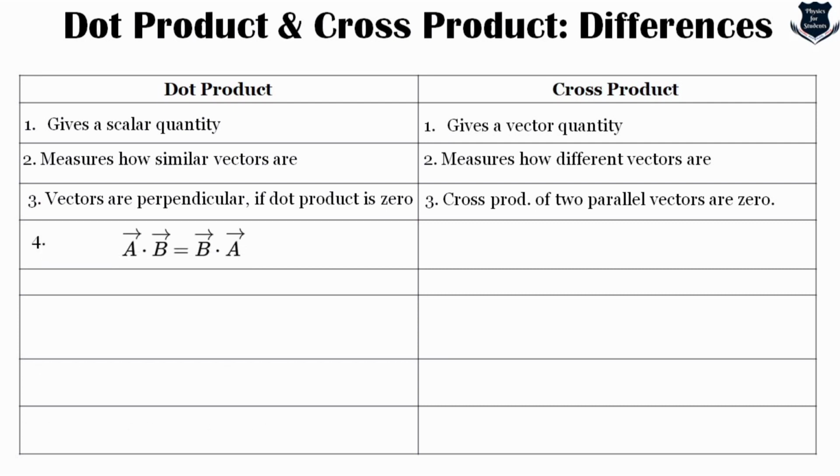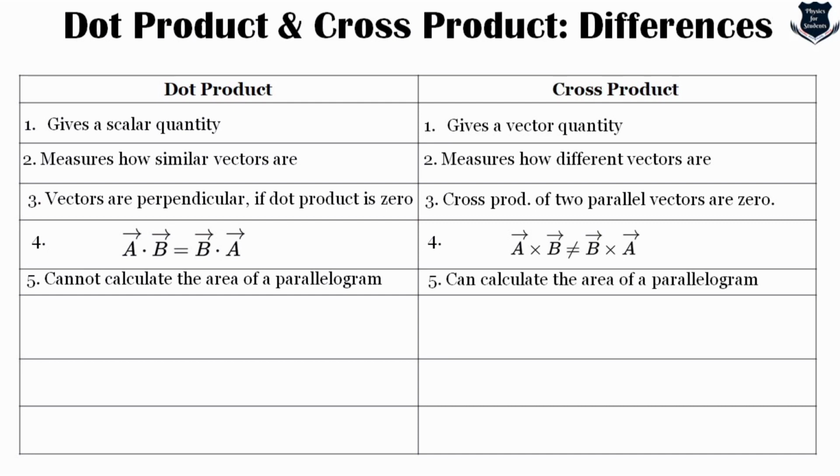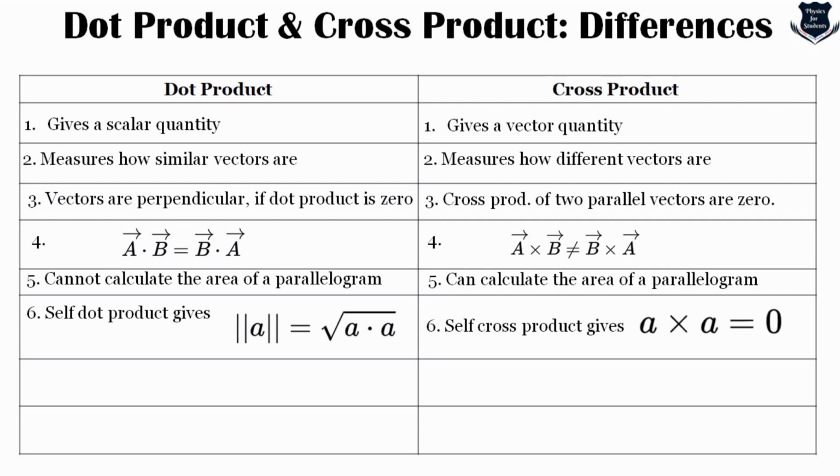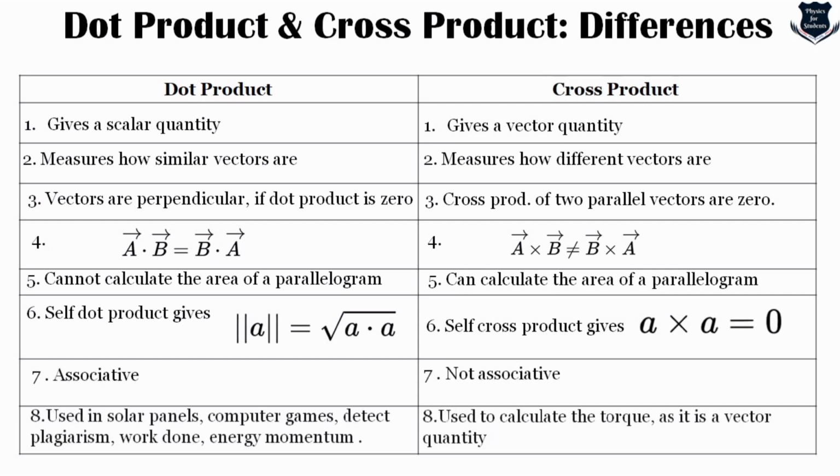The dot product obeys the commutative law, the cross product doesn't. The dot product cannot calculate the area of a parallelogram; the cross product calculates it, and we have seen how vectors yield the calculation of the parallelogram. The self dot product gives the Euclidean length; however, the self cross product gives 0. The dot product is associative, the cross product is non-associative, and it is used for solar panels, computer games, energy momentum, plagiarism.